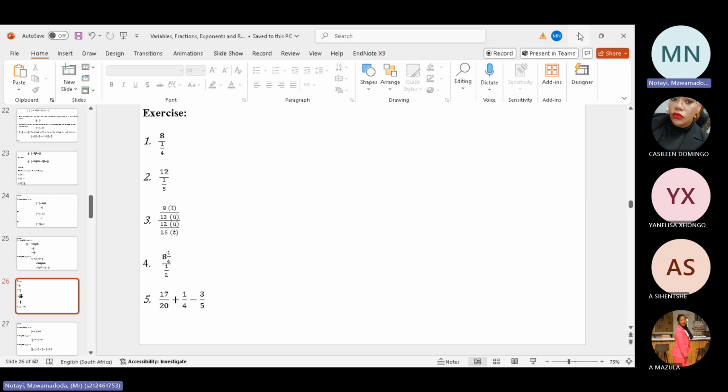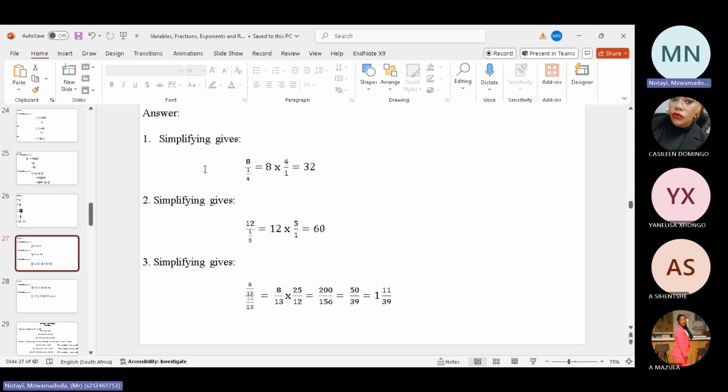All right, guys, let me share my workings with you. That is listed in number 3, basically. So 8 divided by 13 divided by 12 divided by 25.